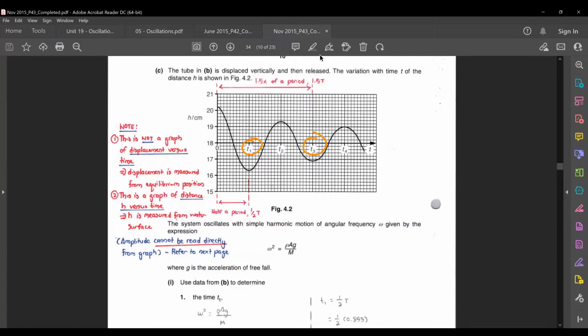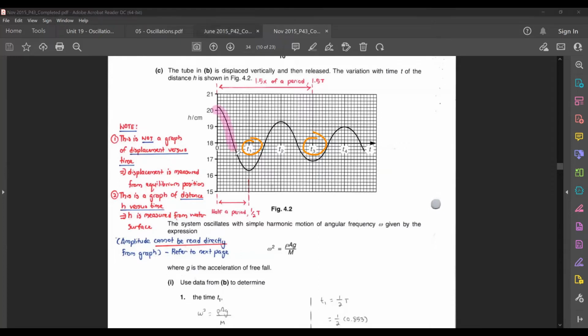If you look at the graph, this one is kind of like displacement versus time, but it's actually not your displacement versus time. You get the reason why later. So here, the pink color section that I highlighted to you is actually one period.